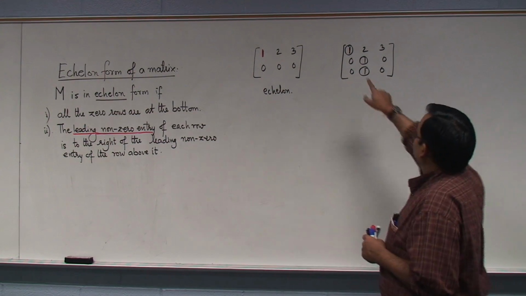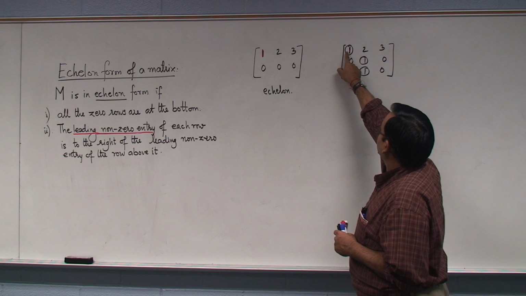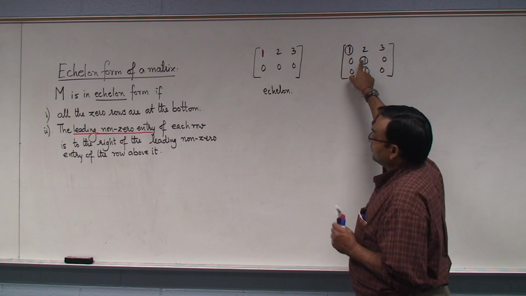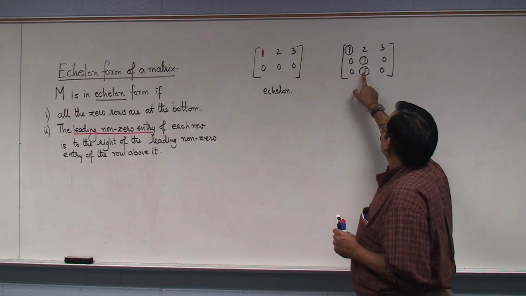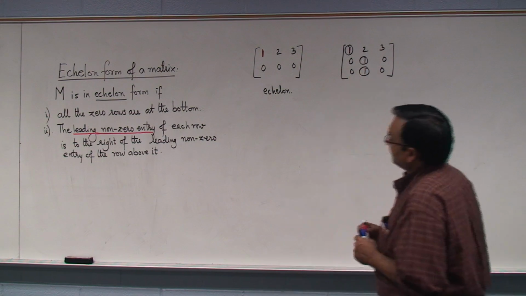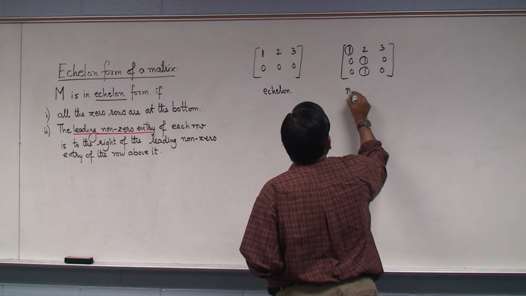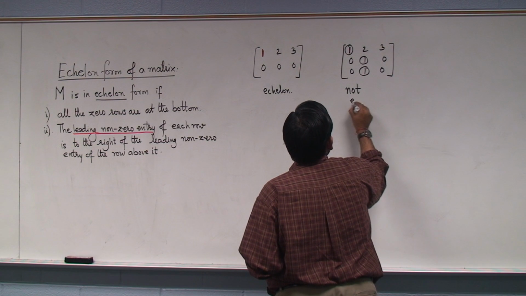As we can see, the leading non-zero entry out here is to the right of the leading non-zero entry above it, so this is okay as far as echelon is concerned. But out here, the leading non-zero entry is right below the leading non-zero entry of the row above it. So this is not fulfilling the criteria, so this is not in the echelon form.